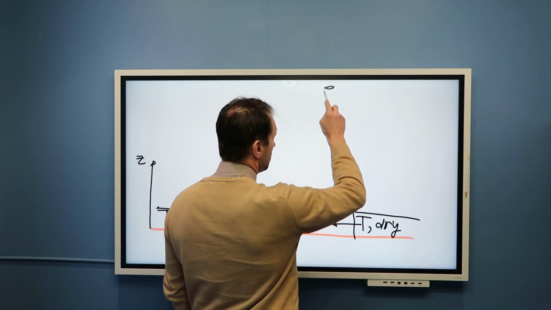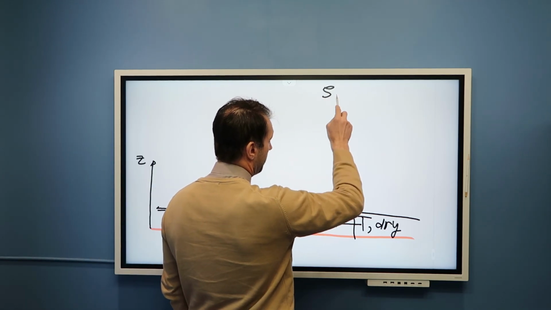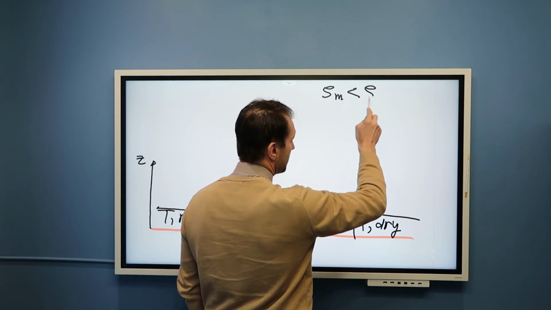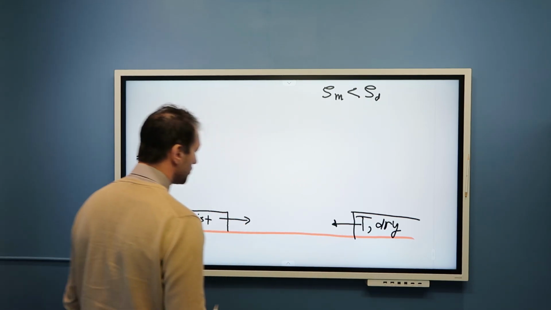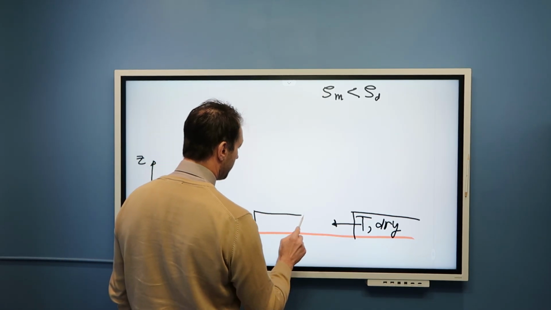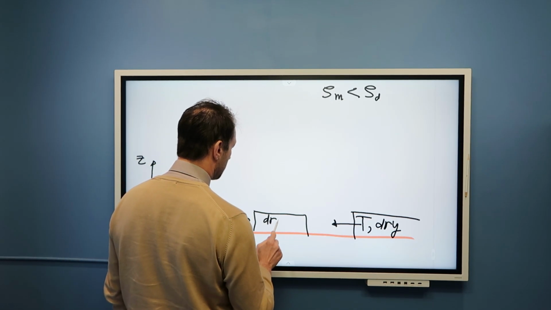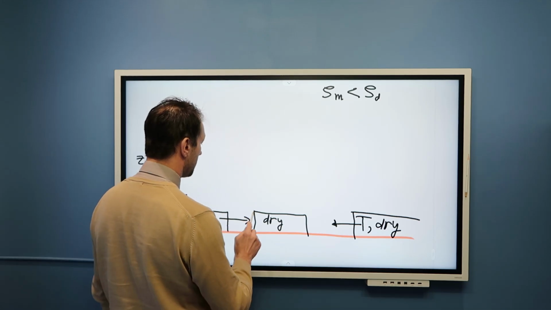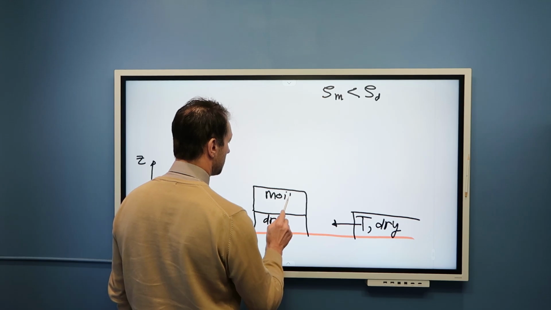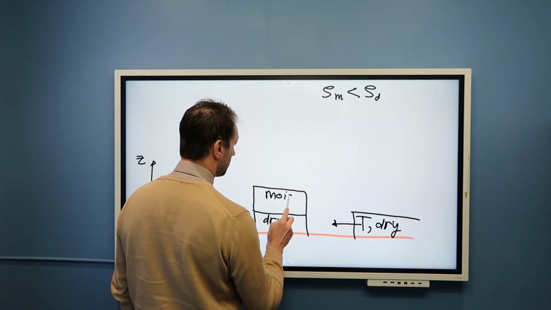Well, I just told you that the density of moist air is smaller than the density of dry air. So what will happen when they collide? We will have dry air close to the surface and moist air above it.